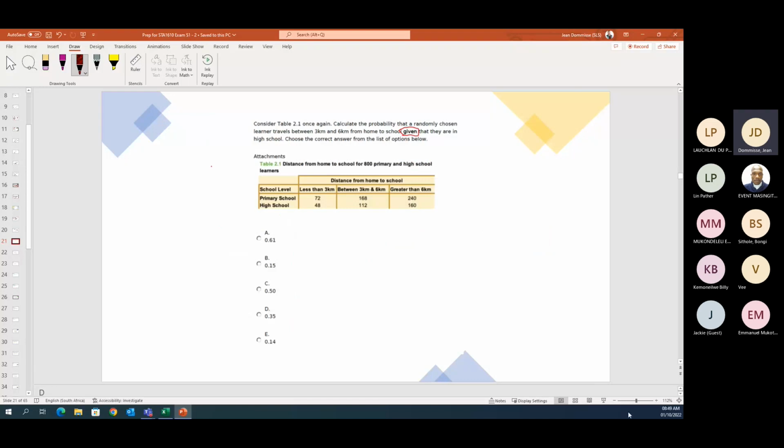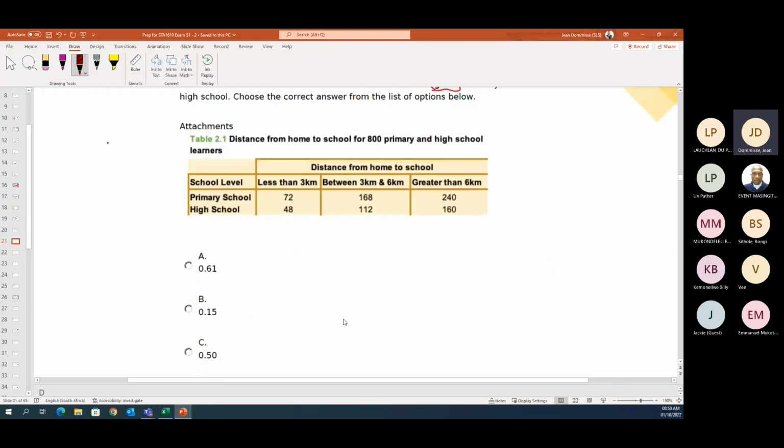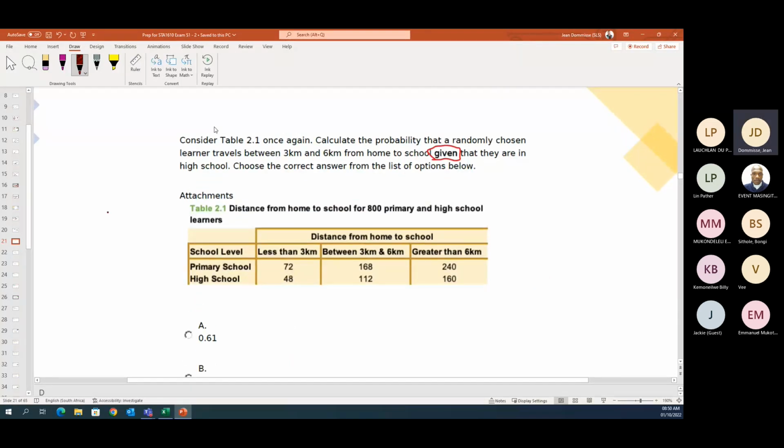Okay, let's see if we can make this a bit bigger. This now is purely probability. They give you the whole table. They don't ask weird things. They tell you there's 800.